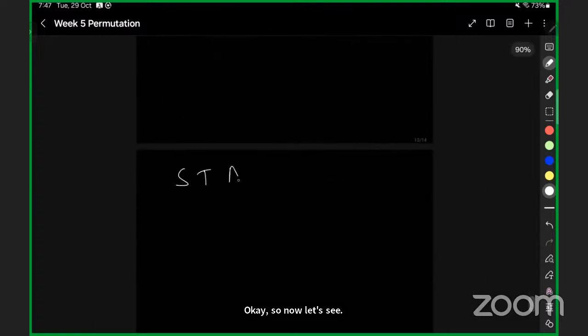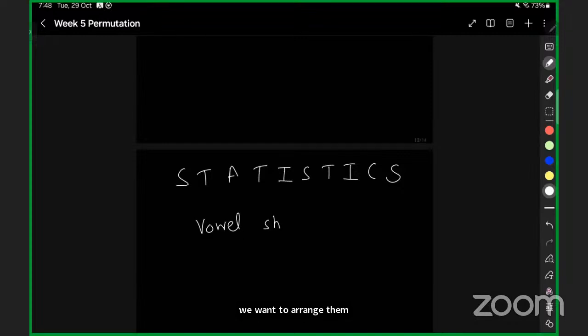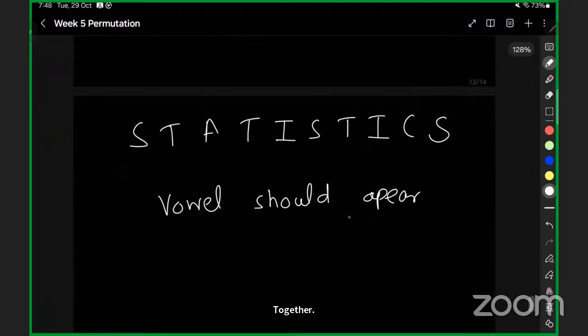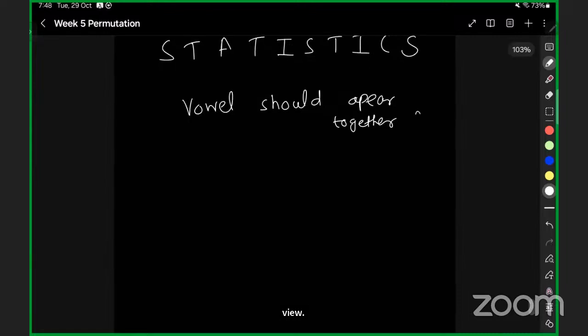Okay, so now let's see. We have, let's say, statistics. We want to arrange them in such a way that vowels should appear together. So this is what you have to do. You know what a vowel is?